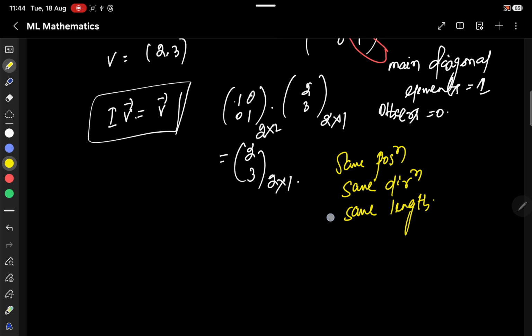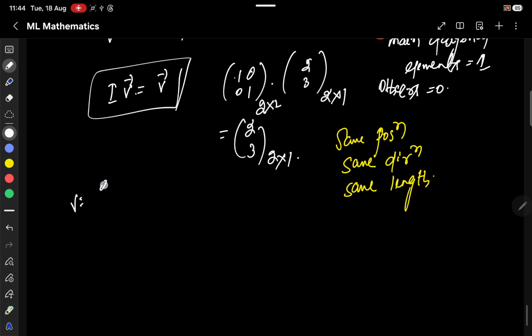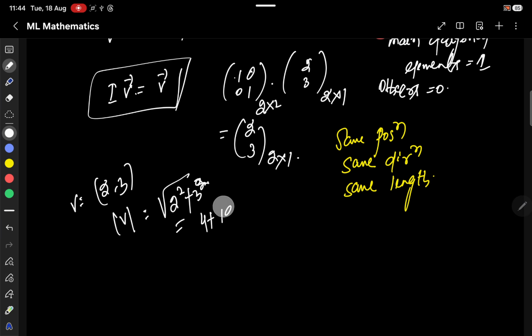Remember, for the vector 2 3, its magnitude is the square root of 2 squared plus 3 squared, the Euclidean distance, the L2 norm. 4 plus 9 is 13, so root over 13. Guys, it's a very easy thing, just try it out. We discussed it in the last video, just check it out.